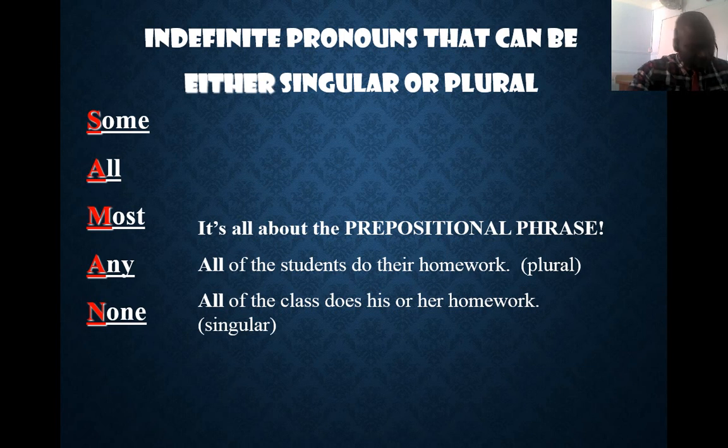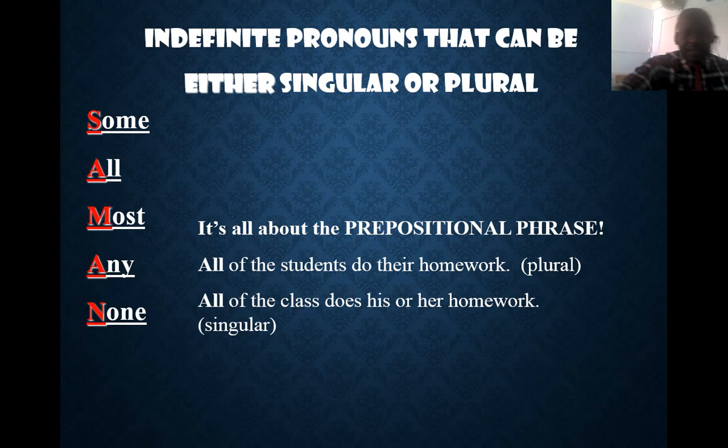So if these pronouns now, SAMAN, okay, SAMAN is a good mnemonic for you to remember them. If these indefinite pronouns are used in sentences, look at the prepositional phrase that comes after it.